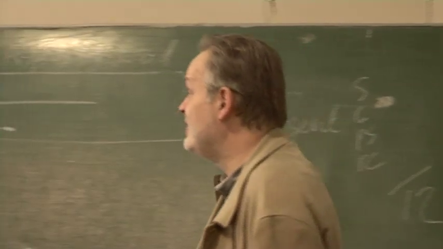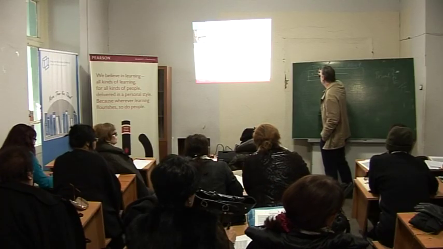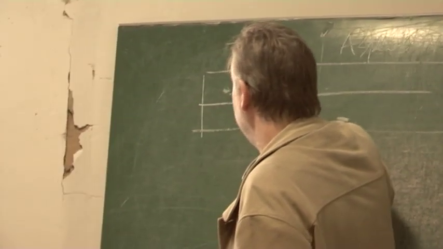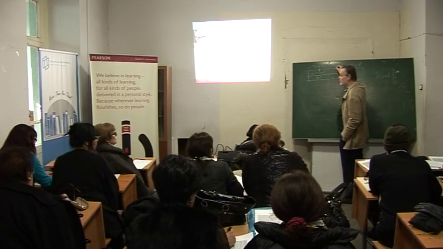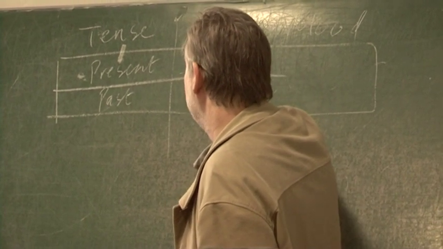When we talk about tense, we'll say that you've got a choice between the present and the past. Yeah? And when you talk about aspect, you can say it's either going to be the progressive, or continuous, or the perfect.